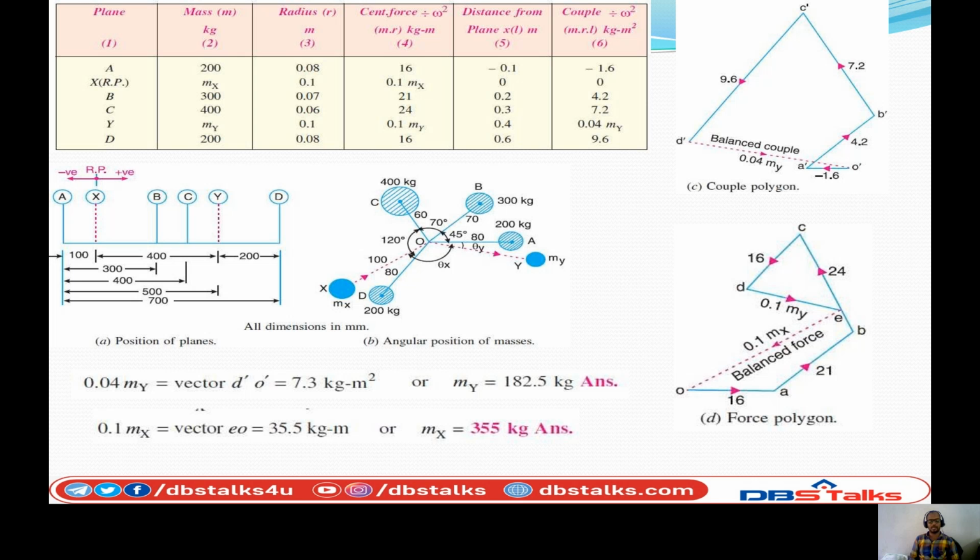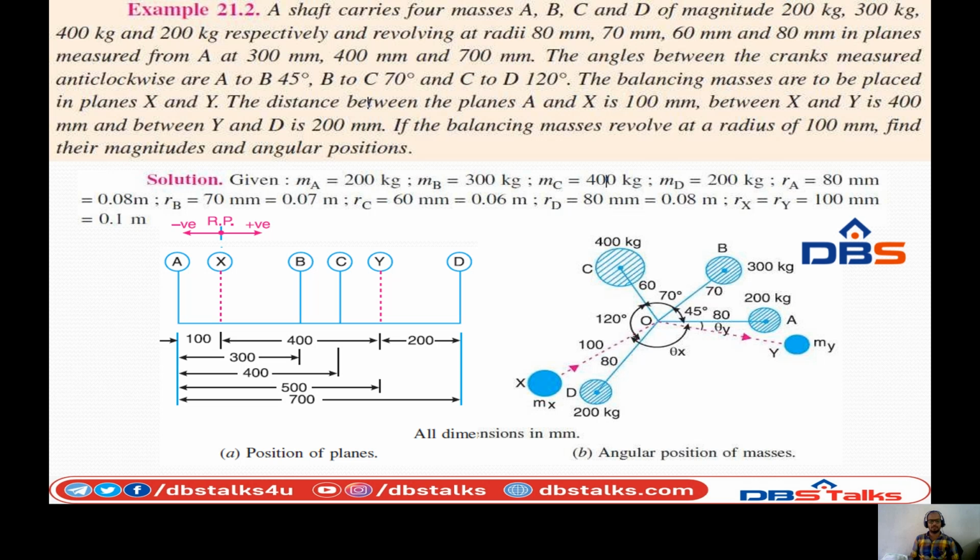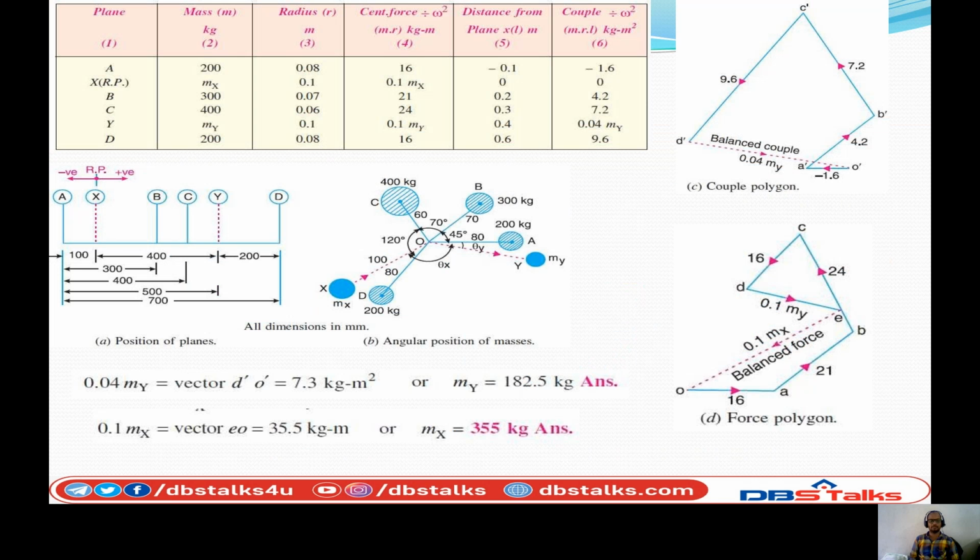After drawing the position of planes figure, only then we go for the table. The third step is the table. In the table we draw firstly plane, next mass, radius, centrifugal force, then difference of distance, and couple.